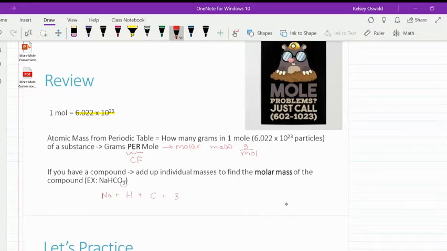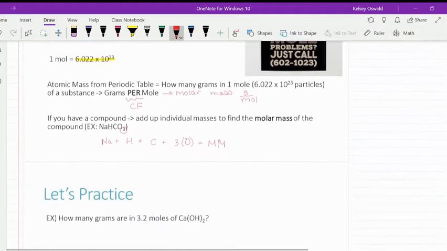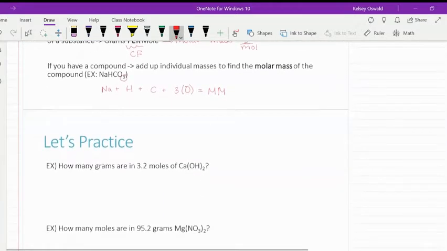So we need to do 3 times that atomic mass of oxygen to equal the molar mass of our entire compound. Okay. All right, so let's go ahead and get some practice using this information.